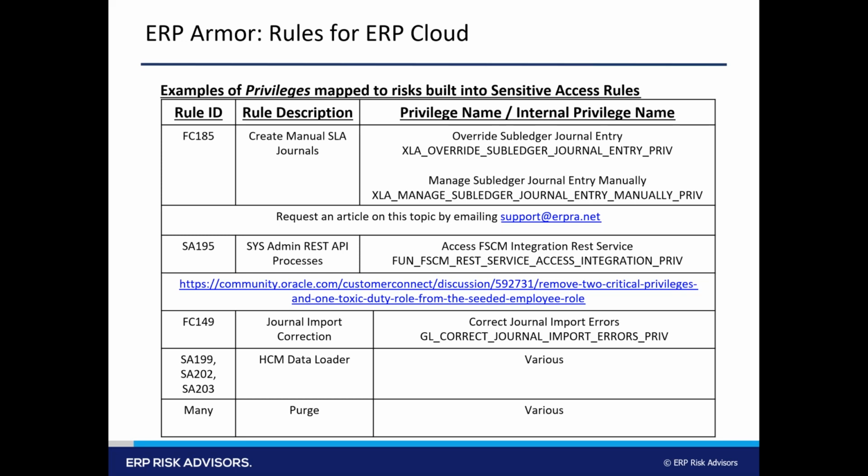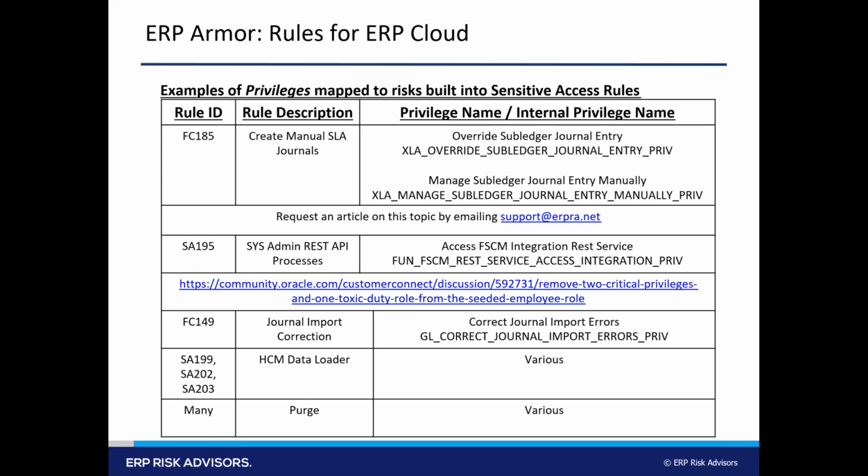There's a similar risk in a function that was an article we wrote called the one function that allows users to bypass journal approval controls. There's actually two different privileges in ERP Cloud that have a similar risk. And so what we're talking about here is the way somebody can enter a journal entry that's not subject to the journal approval workflow.